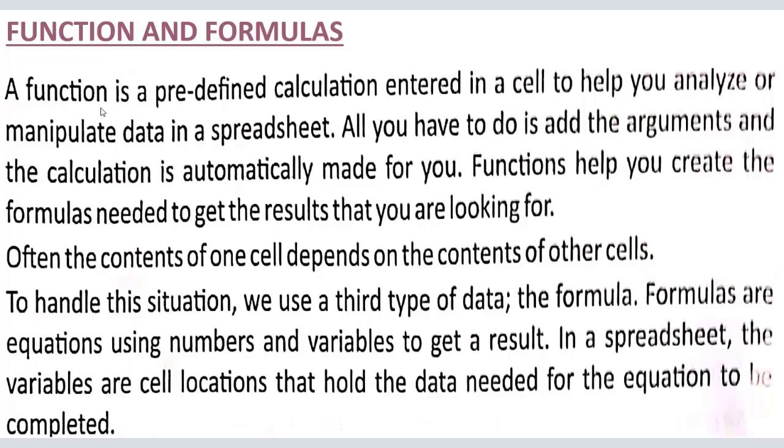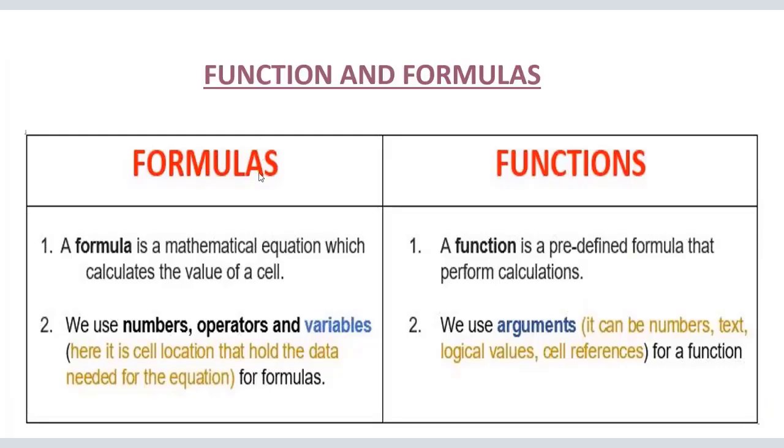Now I have differentiated functions and formula in two points and I will show you in another slide. Here, a formula is a mathematical equation which calculates the value of a cell. On the other hand, a function is a predefined formula that performs calculations. In a formula we use numbers, operators and variables.